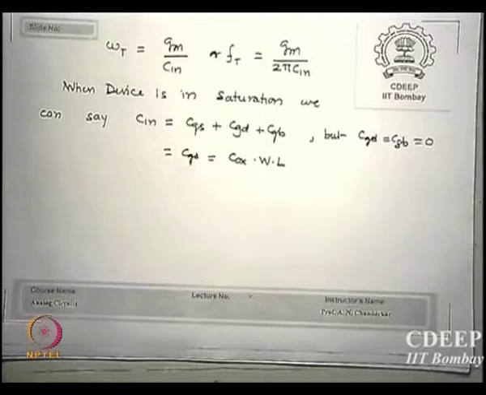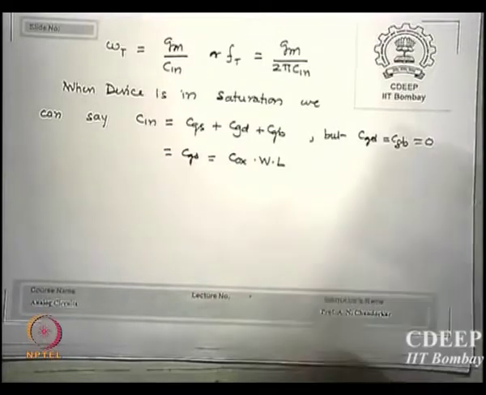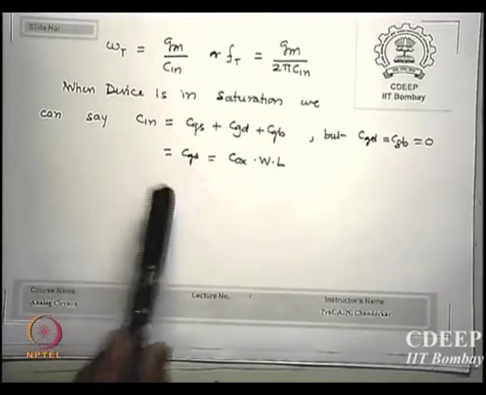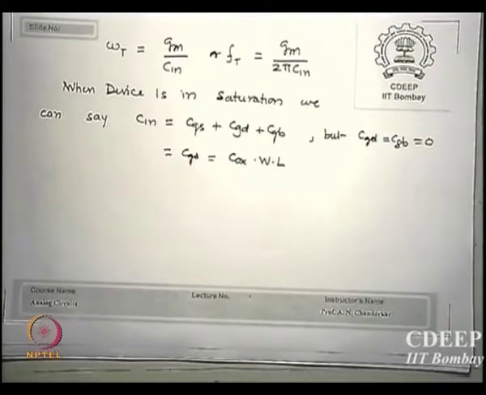What FT value did we say the other day? Unity gain frequency, which is Gm upon 2 pi Cn, where Cn is the capacitance at the input. Can you tell me why I am adding all of it?